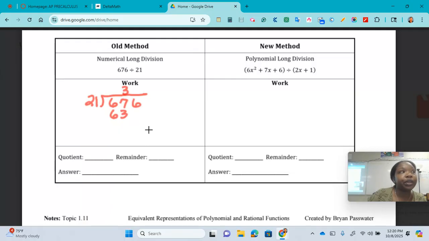And what did we do with this? We subtracted. 67 minus 63 is 4, and we bring down the 6.